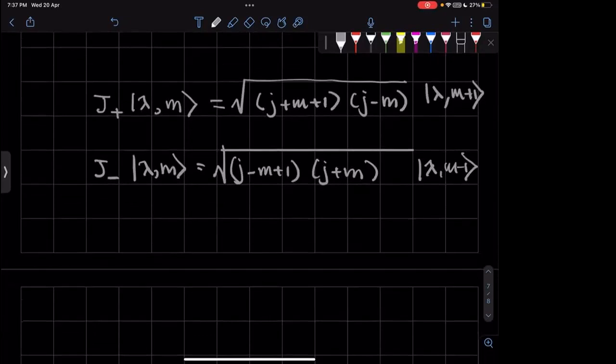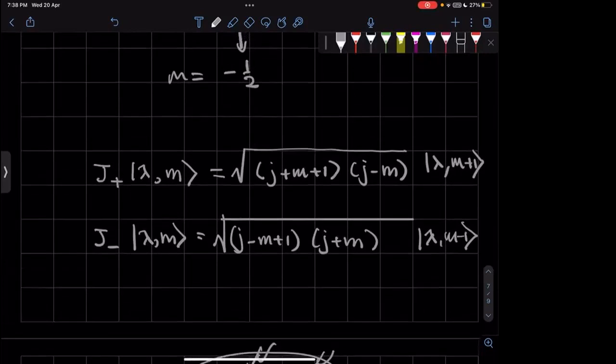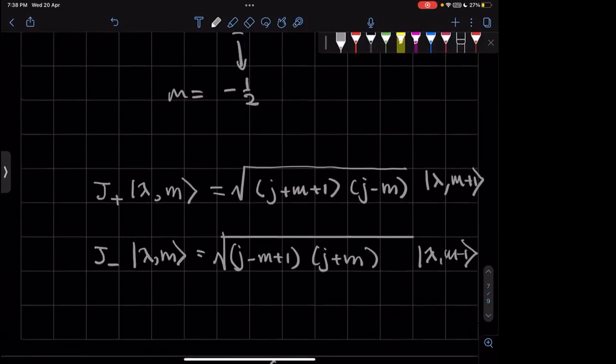Because the highest value of m is j, right? And so for some generic state m, you applied it s times to get to m, right? So you use this equation to get rid of s and insert m instead. Okay. So these are the most important equations. Essentially, this is the solution of the whole problem. Well, not quite yet. We are almost there.